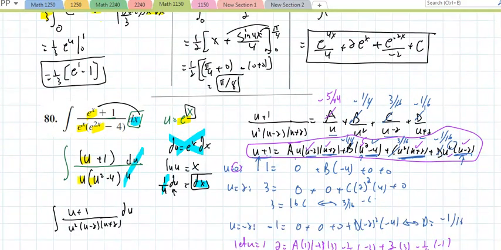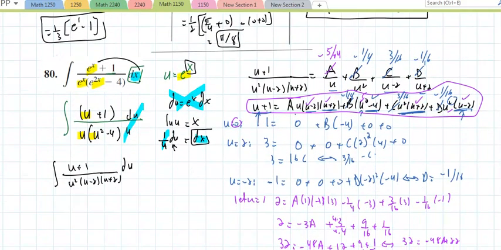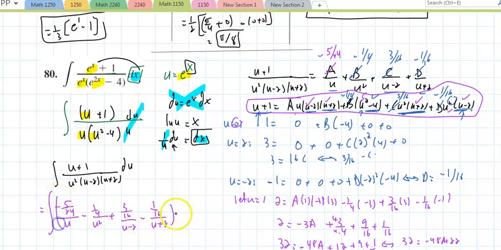So all of this work is for me to be able to write this as the integral of negative 5 over 24 divided by u, minus 1 over 4 over u squared, plus 3 over 16 over u minus 2, minus 1 over 16 over u plus 2, all of that du.